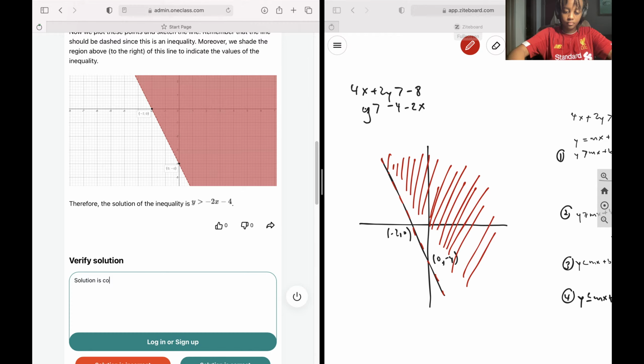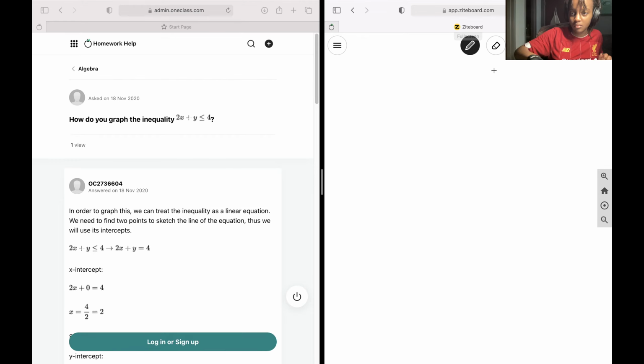Okay, so again, we're going to be graphing another inequality. So let's just rewrite those.